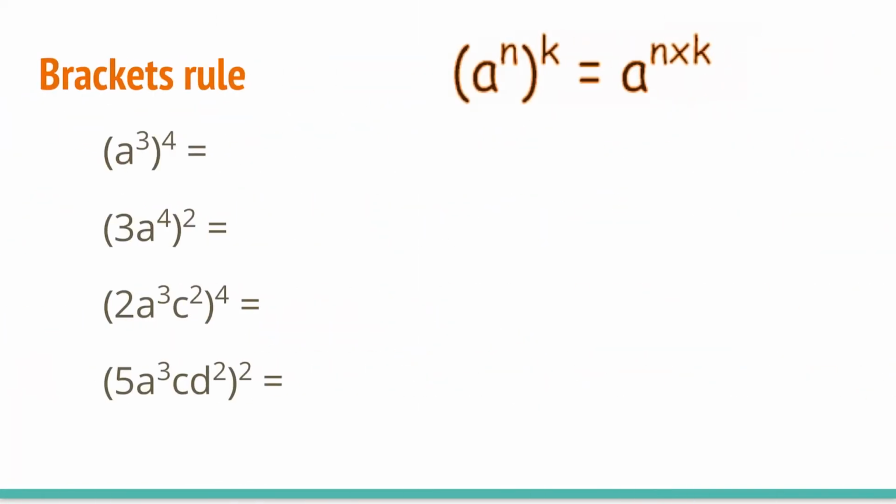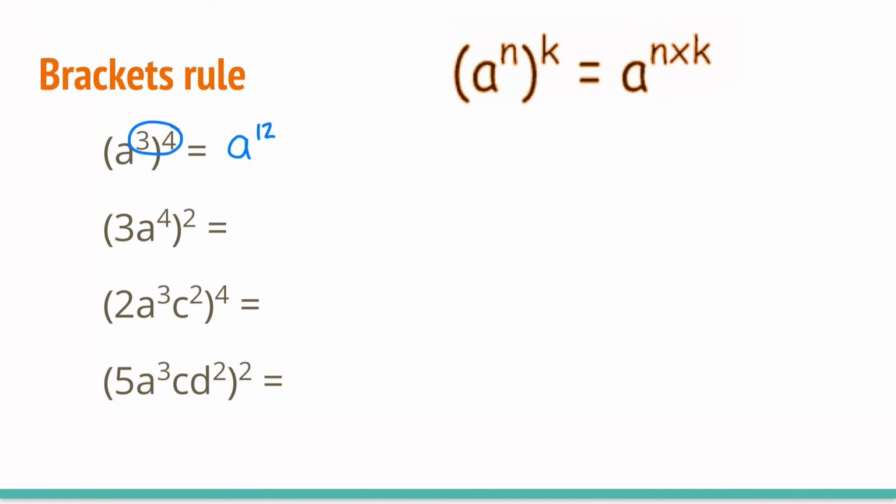The next rule is if you're raising a power to another power. So if you've got a number to the power of something, twice with brackets, that means that you multiply the two together. So I would have a to the power of 3 times 4, which is a to the power of 12.